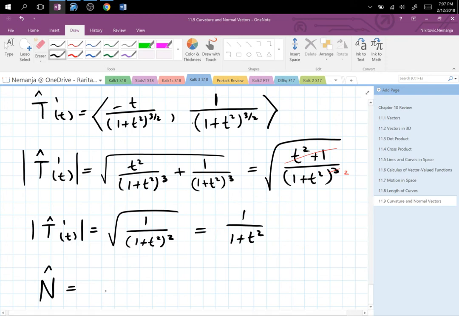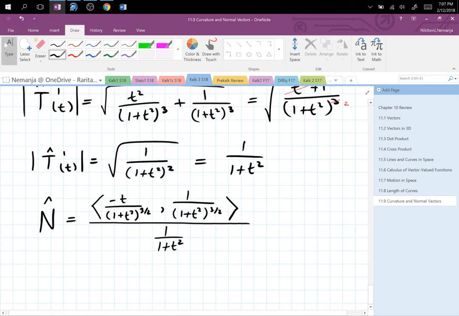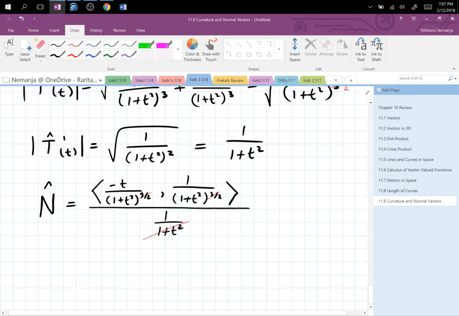So I am going to have negative t over (1 plus t squared) to the 3/2, comma 1 over (1 plus t squared) to the 3/2, everything divided by 1 over 1 plus t squared. Now that's just going to cancel with these guys over here, and leave half in each.